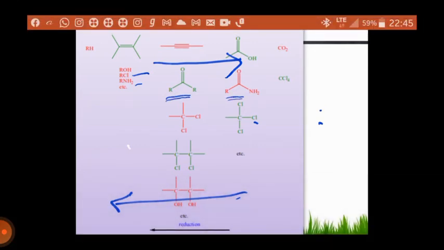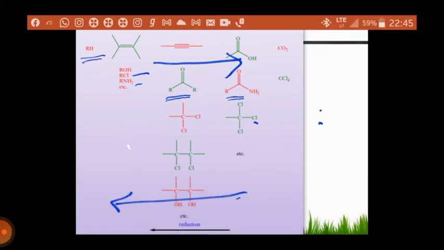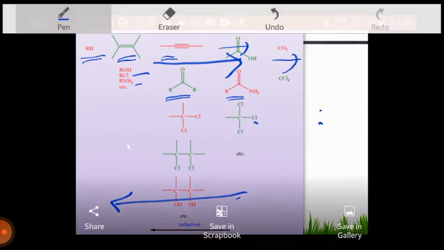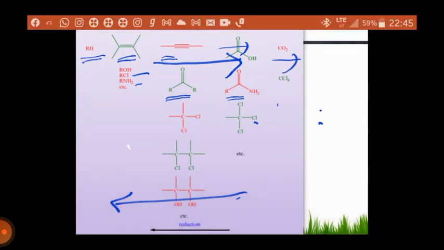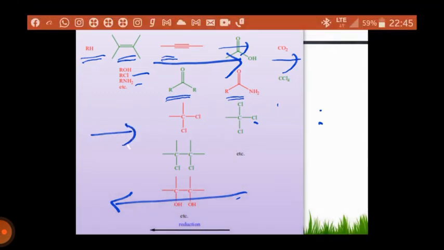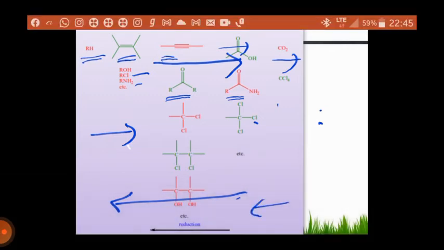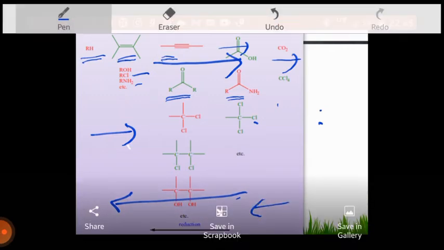It could get converted to amide, and RH means alkane. This is alkene and this is alkyne. They can get converted to alcohol, and this is the carboxylic acid form, then carbon dioxide. If you move from this side to this side, it is nothing but oxidation. As I told in one of the previous classes, this to this side is a reduction reaction.